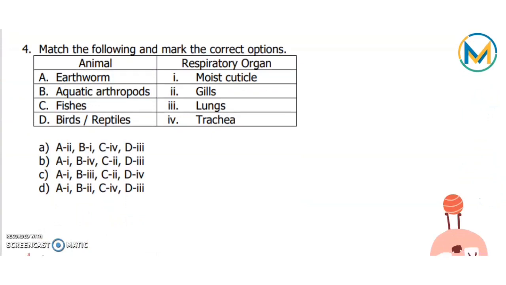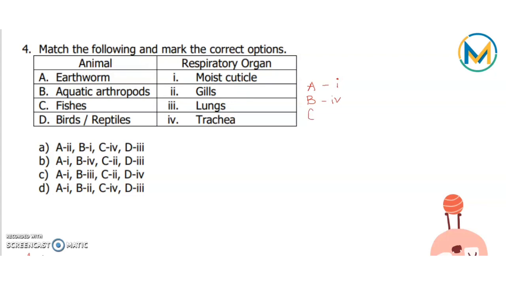Next question. Match the following and mark the correct option. Now here we know that the earthworm has a moist cuticle as a respiratory organ. So A is 1. Aquatic arthropods, B, they have trachea. So it's option 4. Then C, that is fishes.